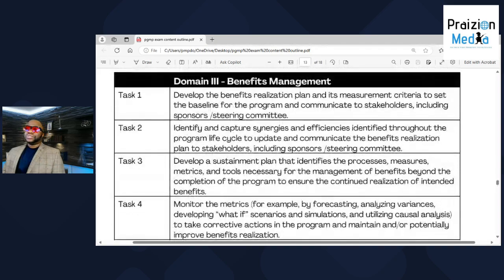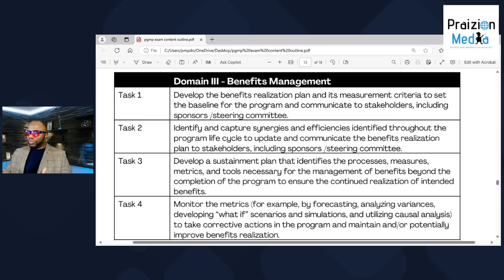Okay. So task 1, develop the benefits realization plan and its measurement criteria to set the baseline. So that makes sense, doesn't it? Right? The baseline. Number 2, identify and capture synergies and efficiencies identified throughout the program lifecycle.